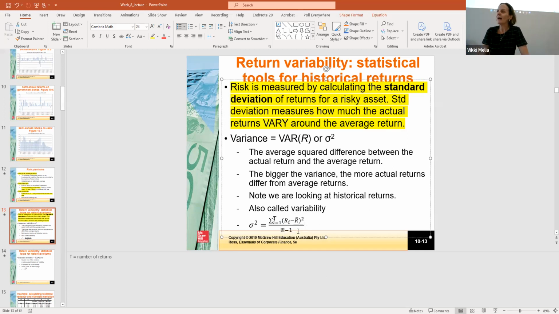And I'm going to show you how to do it because looking at that formula doesn't really make a lot of sense. It makes more sense to look at the calculation itself. So what we're going to do is measure the risk of a risky asset. To measure the risk of the asset, we need to calculate the variance. And from the variance, we can then calculate the standard deviation.